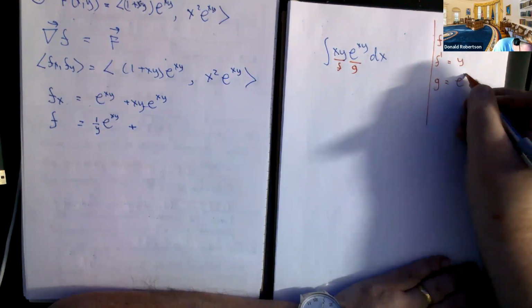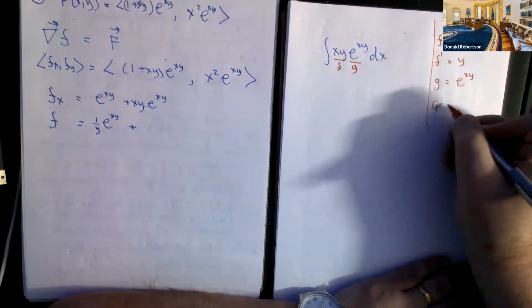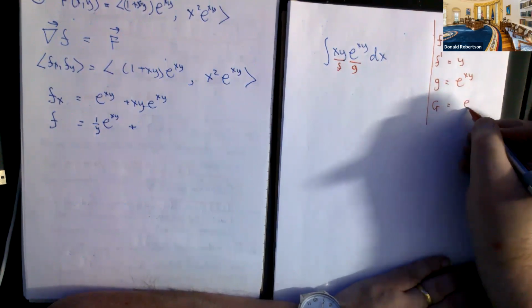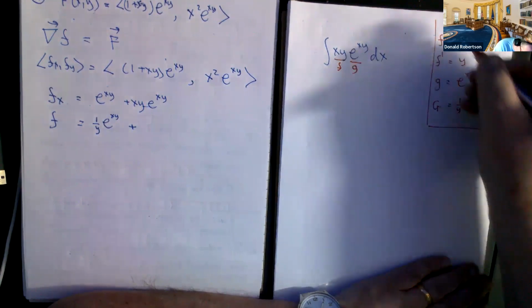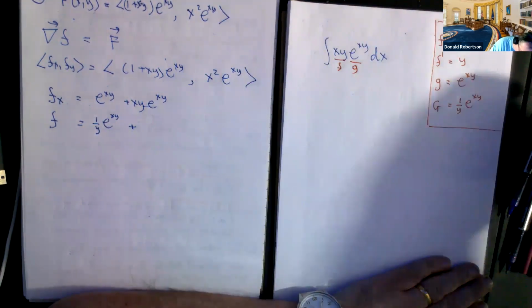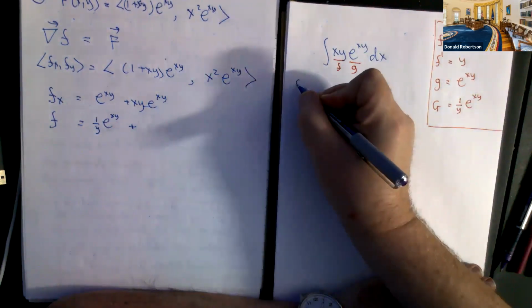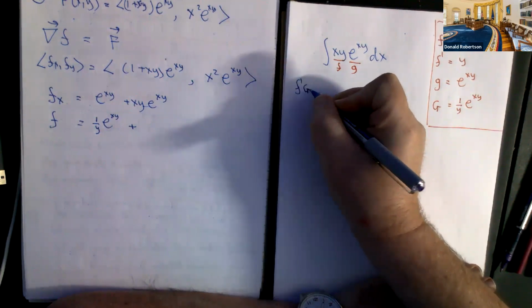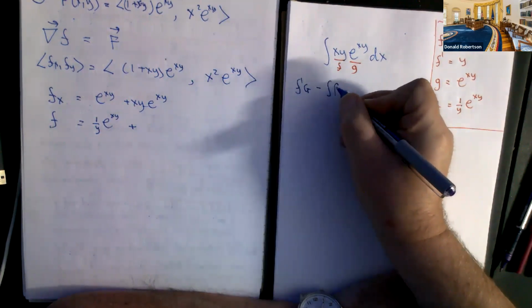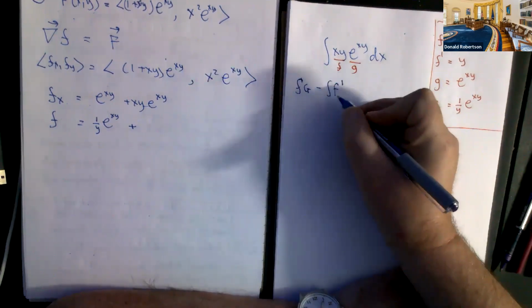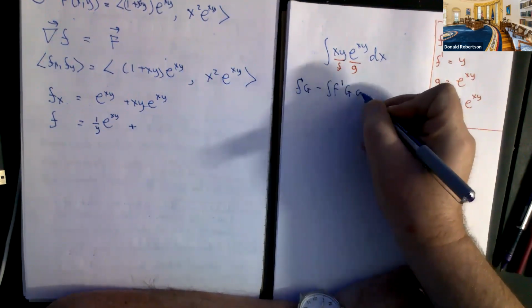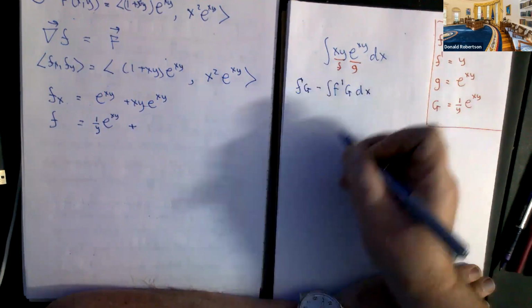G is this guy, and its integral with respect to x is this guy with a 1 over y. There's all the pieces. So according to integration by parts, it's just f big G, take away the integral of f dashed big G dx.